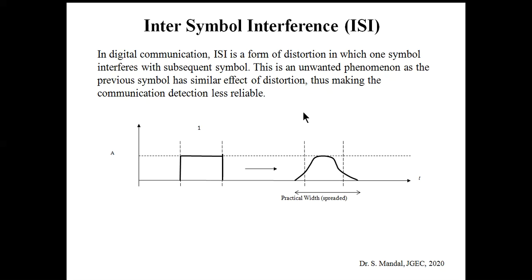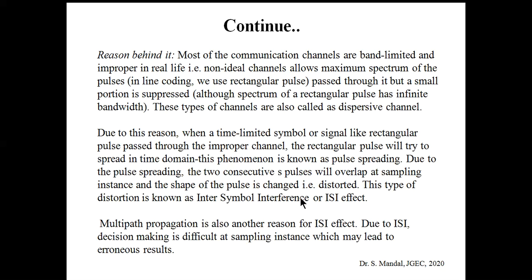For this reason, decision making at the sampling instances is very difficult. That means the communication system becomes less reliable because of this inter-symbol interference distortion. Here you can see that this one is the change in shape, that means this is the distorted part.